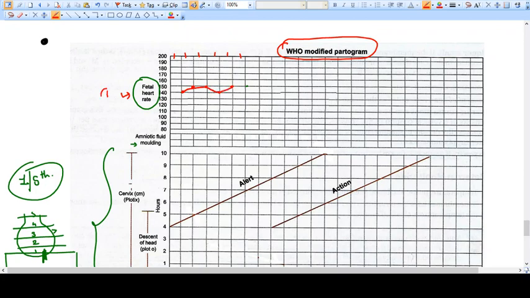The second thing you are seeing here is amniotic fluid. Whenever there is a rupture of membrane, you need to see the fluid. If the membranes are not yet ruptured and are intact, you put I, meaning intact membranes.